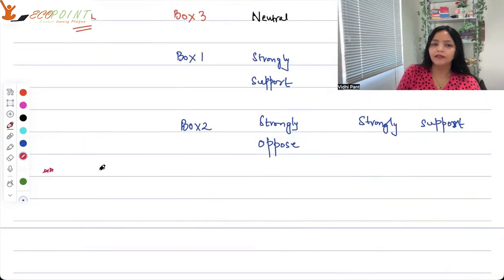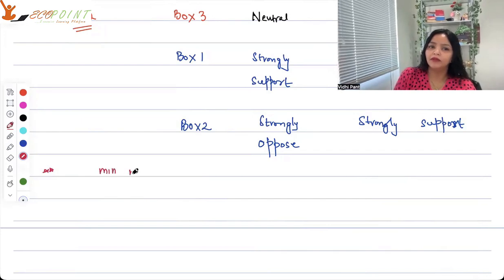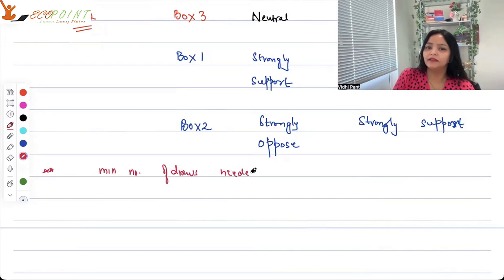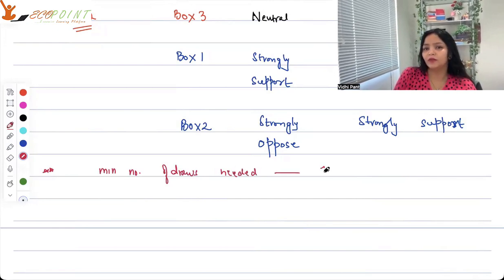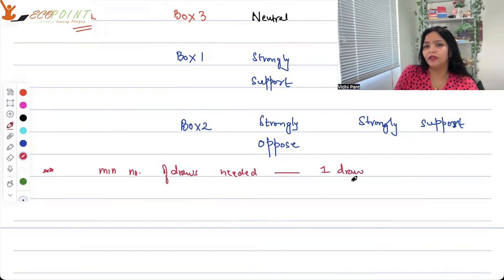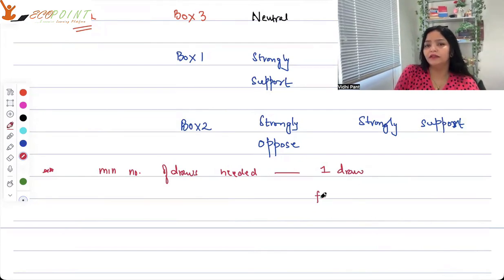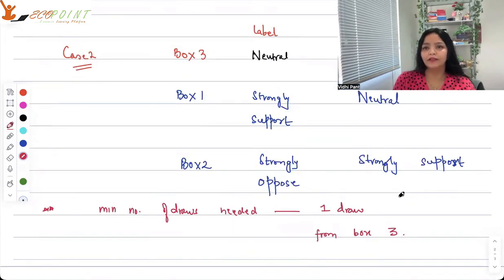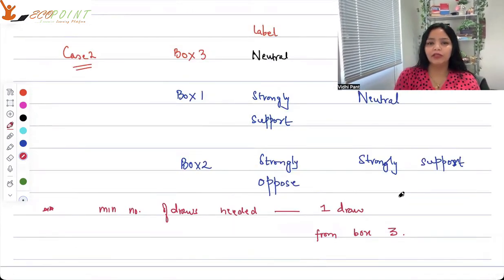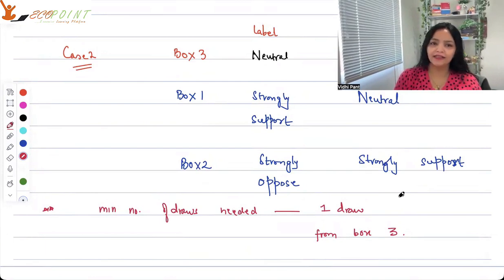So finally, the minimum number of draws needed, just one draw. And the strategy from box 3, if you do that, you will be able to figure out the correct labels in an instant. And this is how you should answer this kind of question.